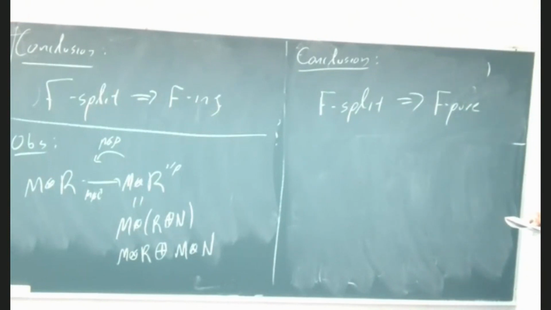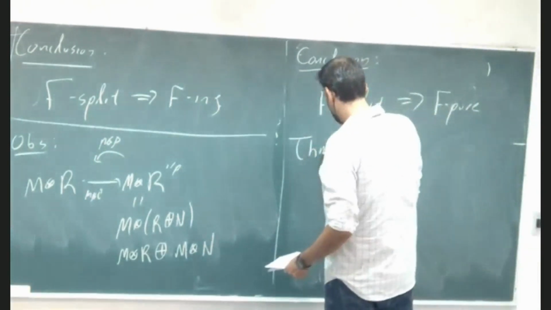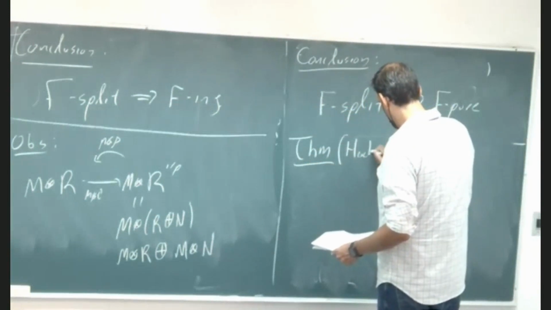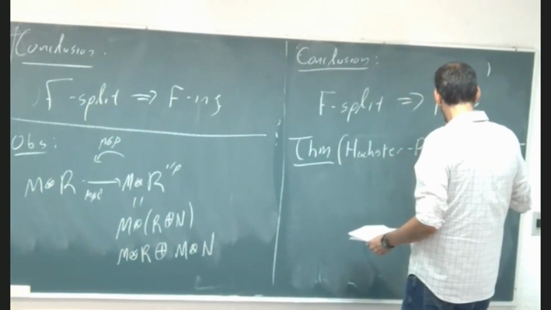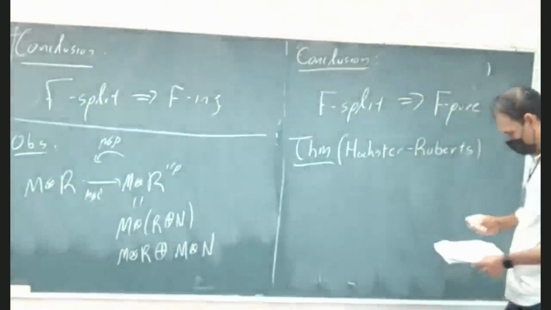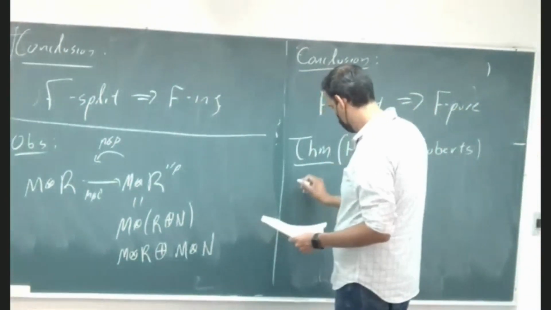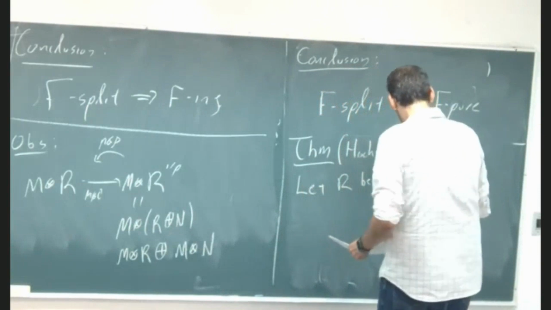Now, I want to prove, well, quasi-prove, the following theorem, Fedder and Roberts. Let R be a finite domain.